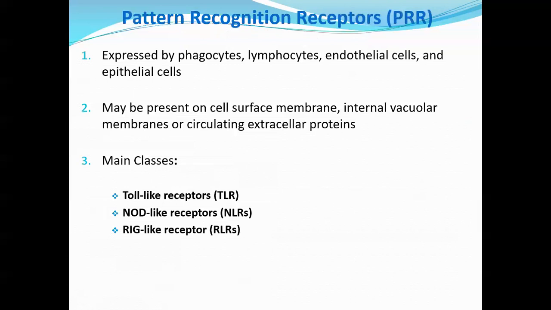So these pattern recognition receptors, there's several, but the three major groups are known as toll-like receptors, nod-like receptors, and rig-like receptors. These receptors can be expressed either on the outside surface of the phagocytic cell, but also internally within these cells themselves, within the vacuoles, or even within the cytoplasm.